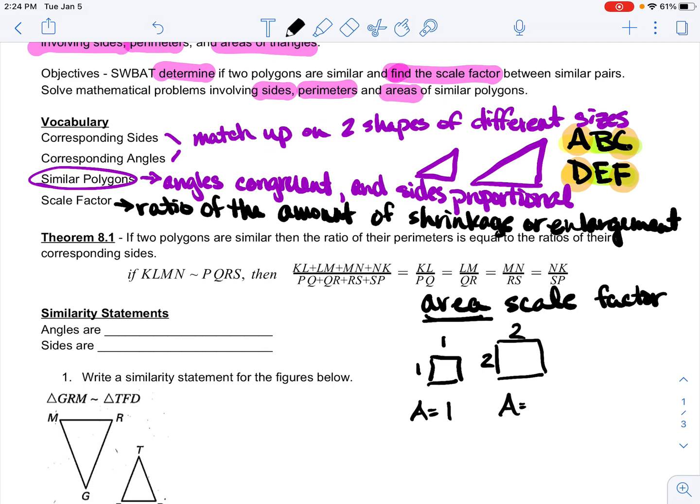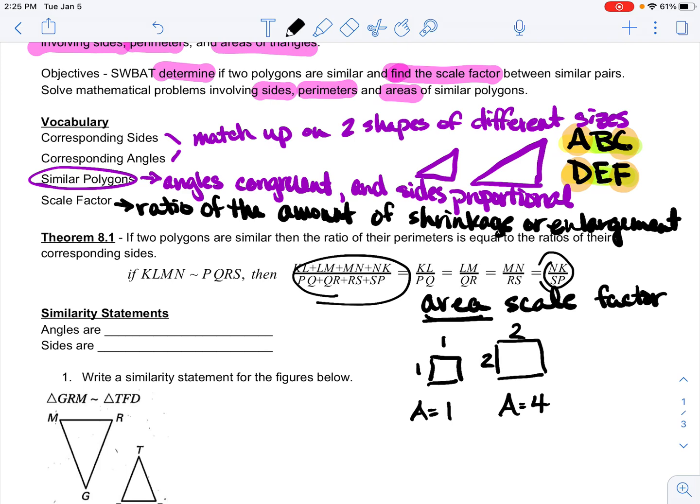The area is not also just simply doubled. It is squared. So how are we going to find this? Well, we're going to take the scale factor of the sides or the scale factor of the perimeters, and you just square both the top and the bottom.